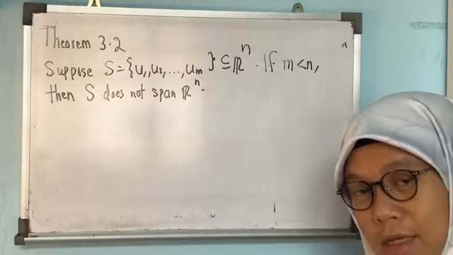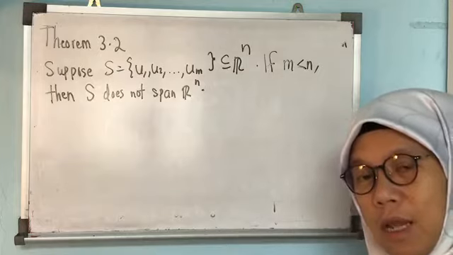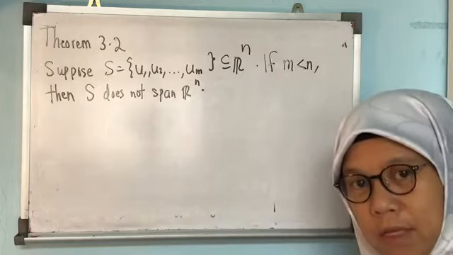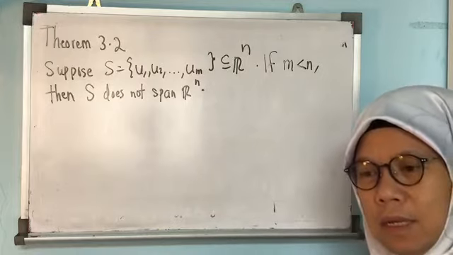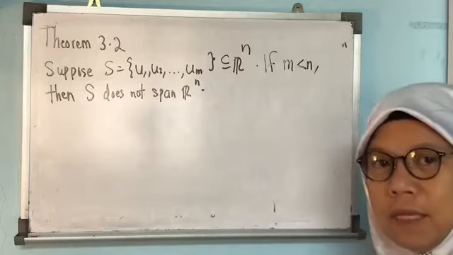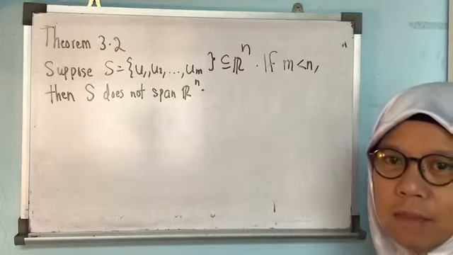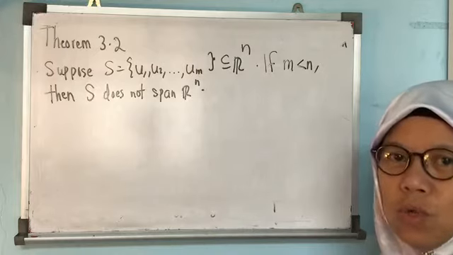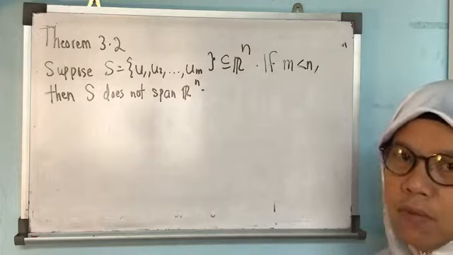I'm saying this again. If you need to prove whether a subset S span or not the vector space, you need to use the definition, meaning that is a linear combination or not. But this theorem gives you the answer ahead. Okay, but you cannot say since 2 is less than 3 does not span. No, you have to show it by definition.